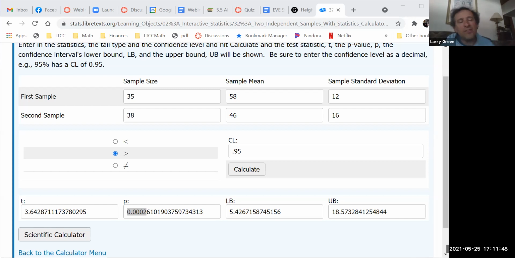So when it's so unlikely for what we got to have happened, you say, well, something went wrong. And what went wrong was the means are not the same. In particular, women spend more time cooking than men, for single men and single women. And I want to mention again, I made up these numbers, but you could do a study like this.